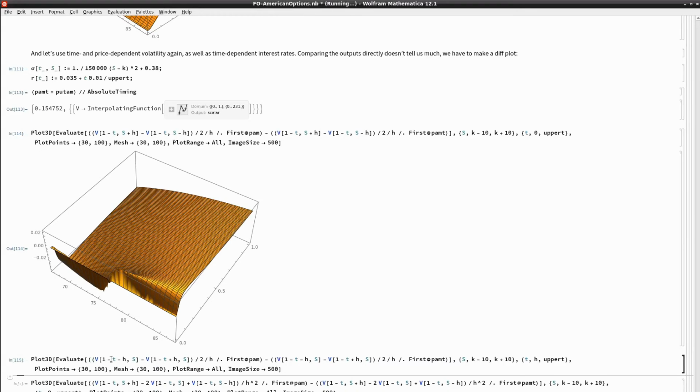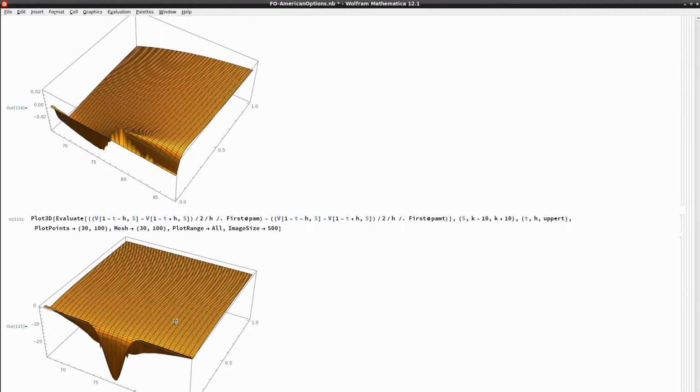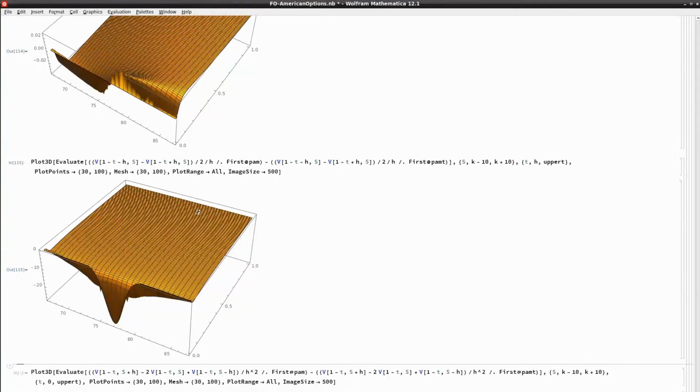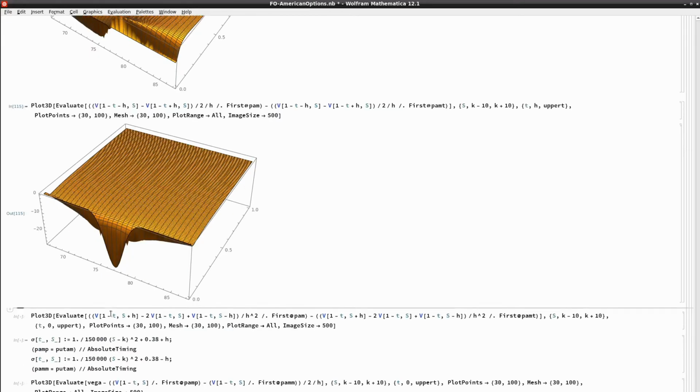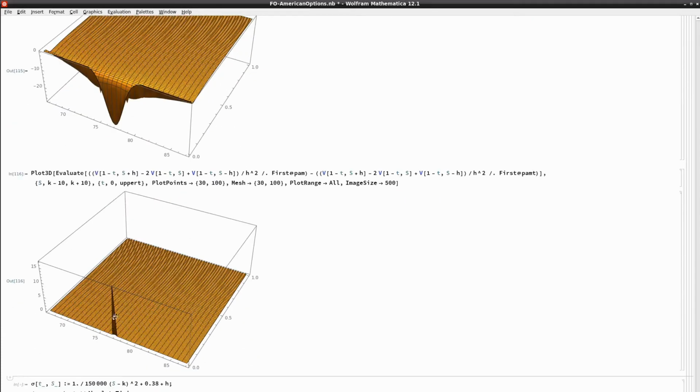Okay, we can do the same thing with time, and here we're getting a similar theta function that we had before. Probably not much of a difference that we can see, but here we do this with gamma. We're also getting now a gamma that looks similar to what we had before.